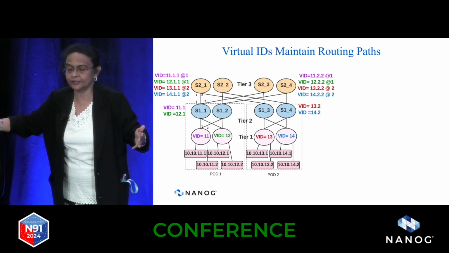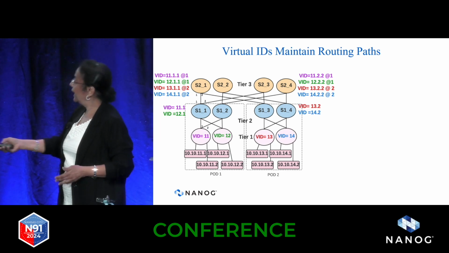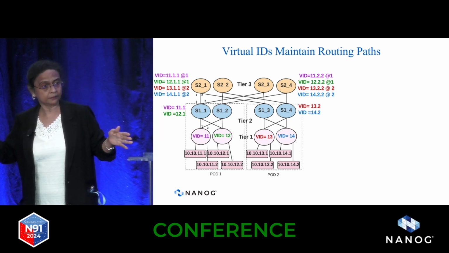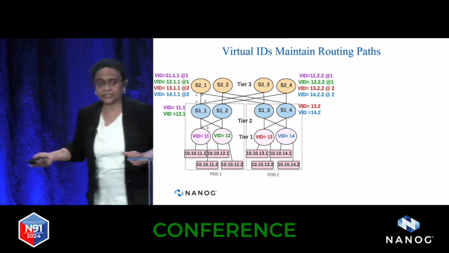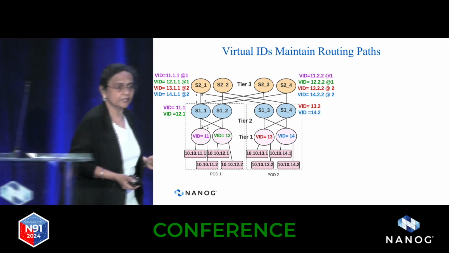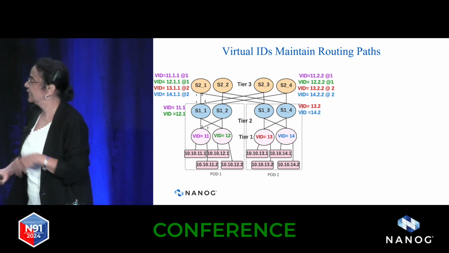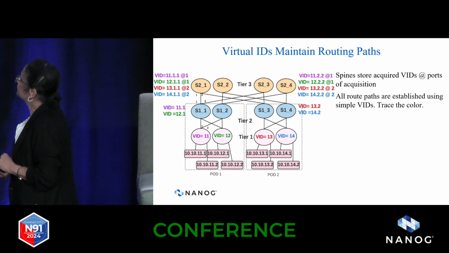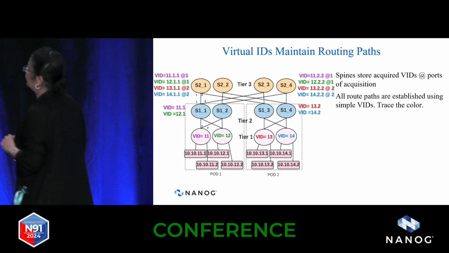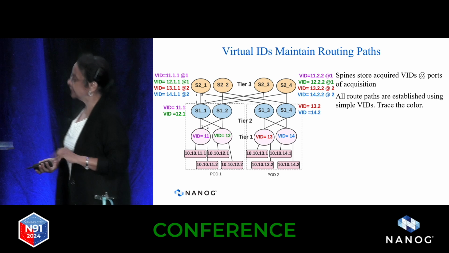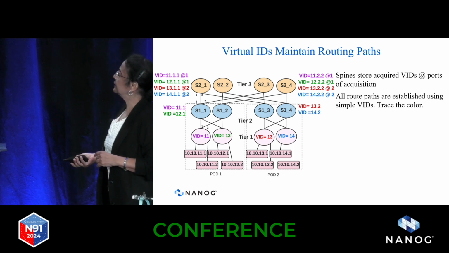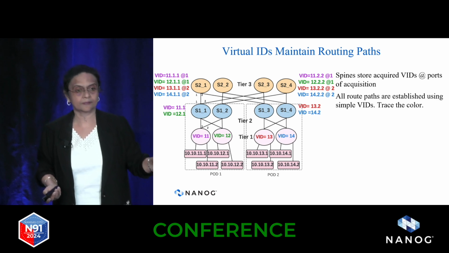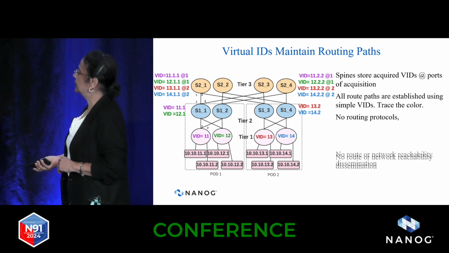That is the routing information I need. And believe it or not, that is my routing table. You can compare it with routing tables populated by OSPF and BGP and you'll know the difference. In fact, I'm going to show you one later on, okay? So, spines store the acquired VIDs and ports of acquisition. All routing paths are established using simple virtual IDs, okay? No routing protocols.